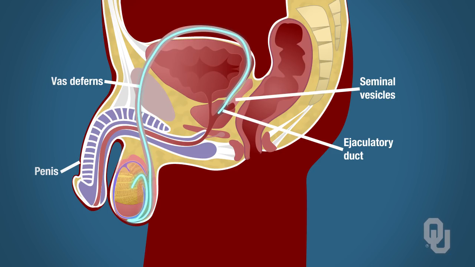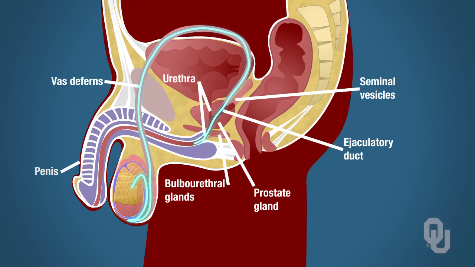The ejaculatory duct penetrates through the prostate gland to join the urethra. As such, the sperm wind up in the urethra, which receives substances from the bulbourethral glands. Thus, both urine and sperm are in the urethra. So that was just the pathway that sperm take from the seminiferous tubules to the urethra.